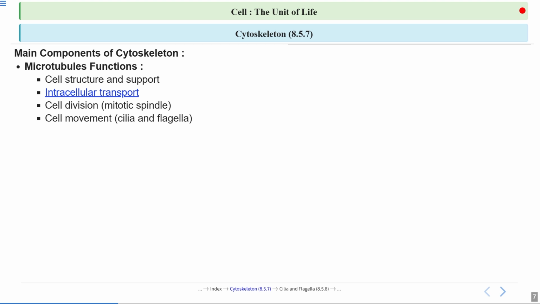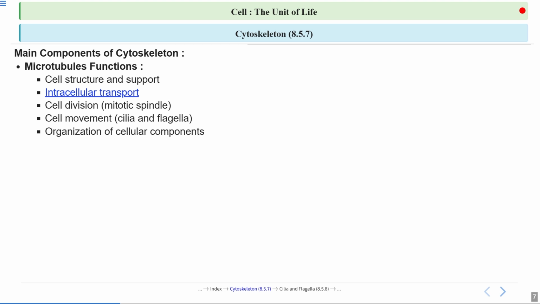What is the function of cilia and flagella? They are involved in cell movement. So microtubules are the major component of cilia and flagella, and that's why they are involved in cell motility or cell movement.